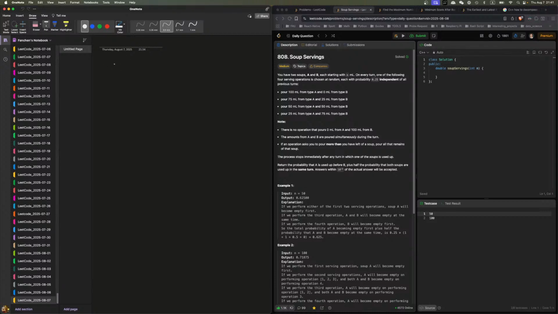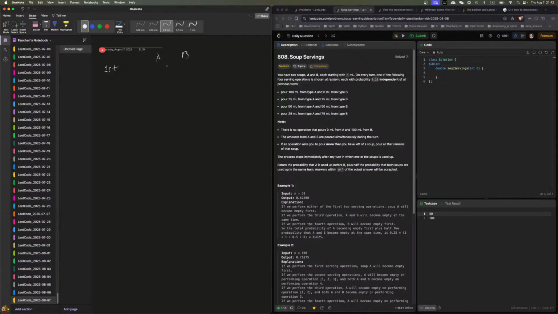If I take the first, okay, now I have A and B. And if we use A and B as a state, so we can ask how many ways that A and B can lead to A ending first.